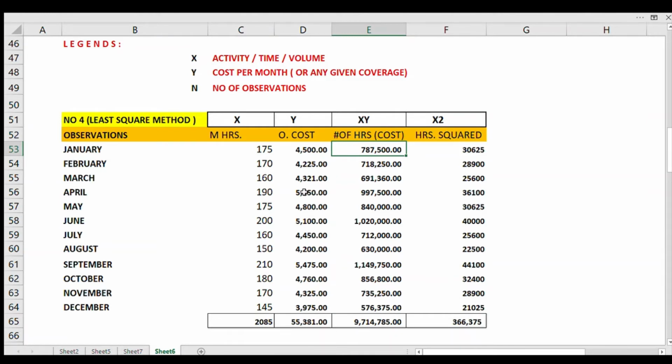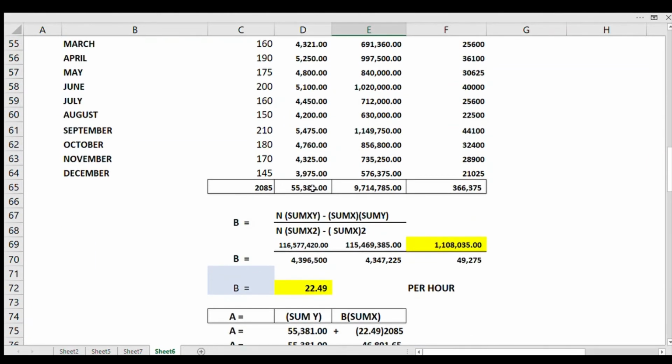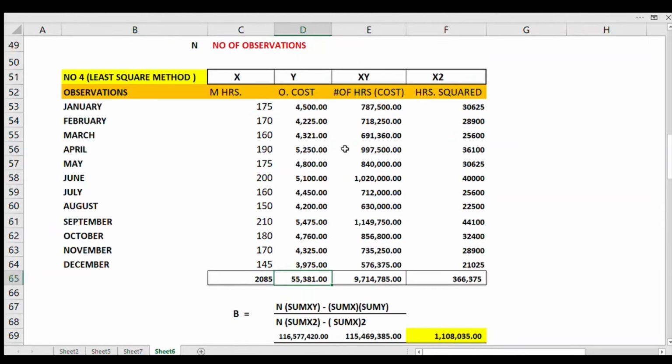So, that is your X multiplied by Y. And also, at the end, we will get the summation of, this is what we call summation of Y, and this is what we call the summation of X, and this is your summation of Y, or what we call the total of X, a total of Y, summation of X. And also every XY here will be added, and we have the summation of X, Y.